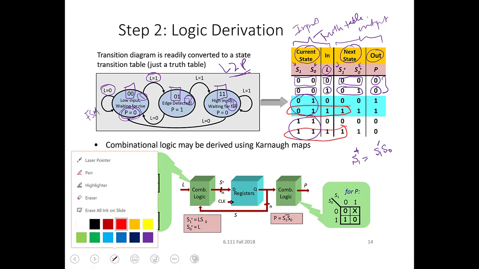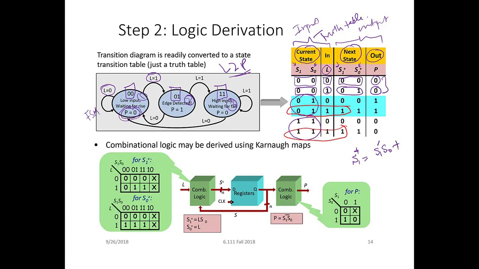I'm talking about this line, and it is 1 when we have this combination, plus S1 is not.